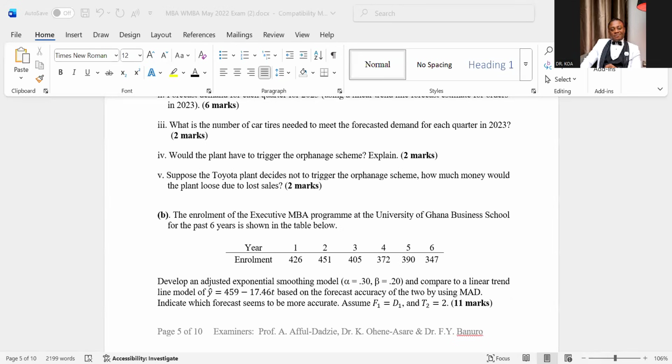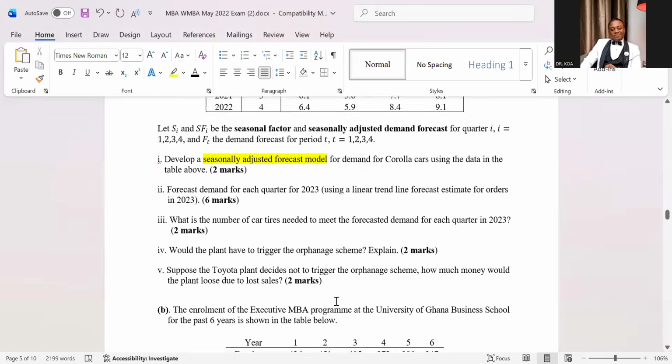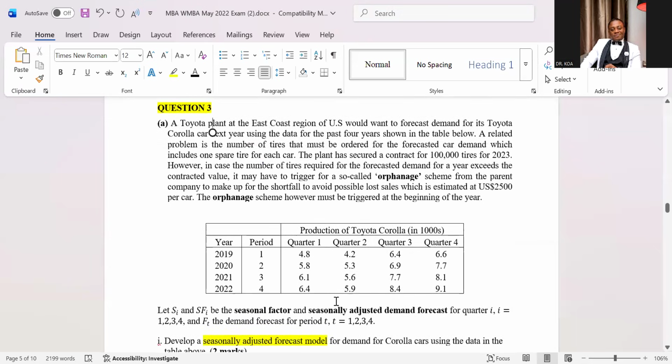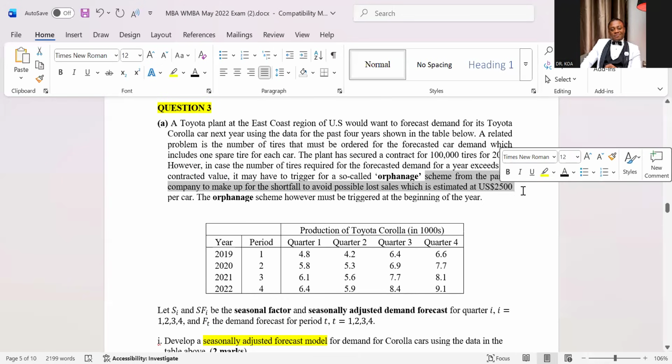Yeah. Now we need to calculate the substantial loss because they gave us something, if you can remember. They told us that anytime you don't get the extra, you will lose an amount of money. Do you remember? Yes. Read the question here. 2,500.